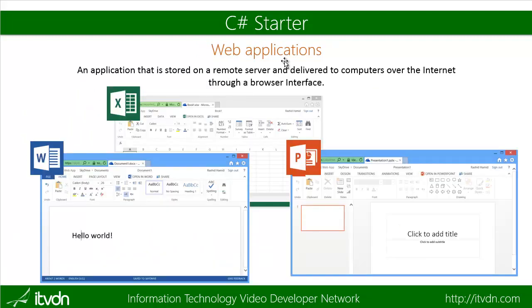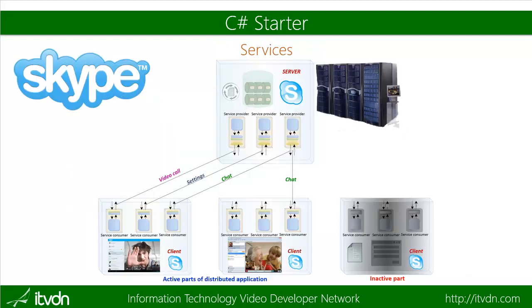We also had a look at web applications. We remember everything here, yes, and Skype and how services work, how you can send a message and the message goes to the server and then it goes to your client, the next client, your maybe friend or your relative, and if the guy or the girl is not online, you get the message saved and delivered whenever the person goes online. This is what like a mini server looks like.